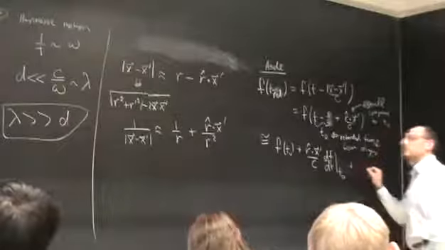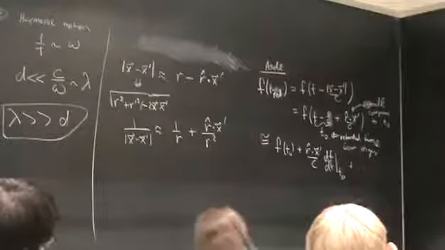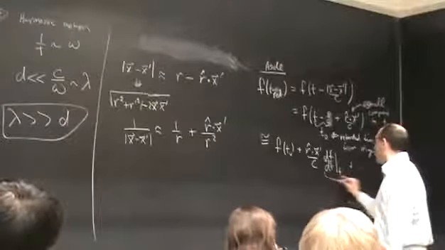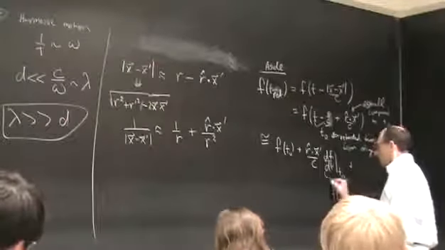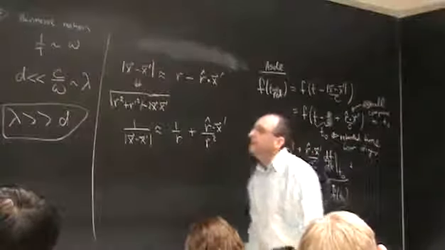Approximately. I'll call this f dot at T0. All right, so now we have the ingredients.